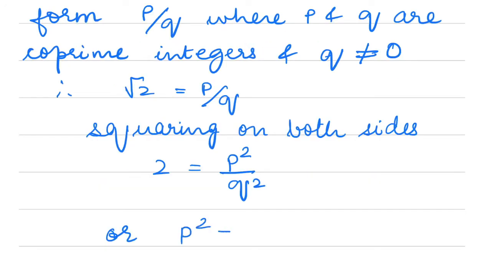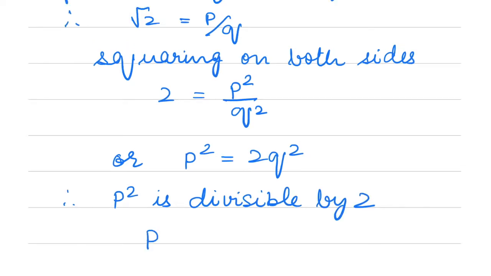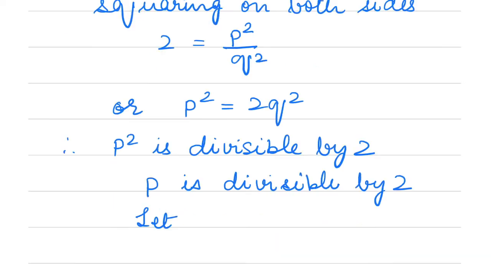P square is equal to 2Q square. Therefore, P square is divisible by 2. So we can say P is divisible by 2. Let P is equal to twice T. I am taking 2T because I know P is divisible by 2. Now again squaring on both sides.